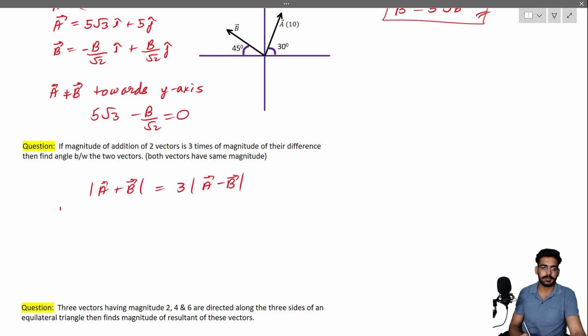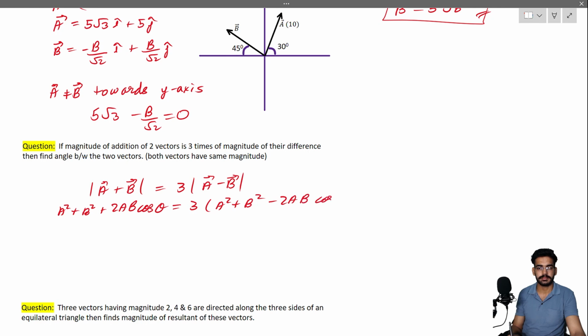So let's expand this. A square plus B square, and both have the same magnitude, that is also written. A square plus B square plus 2AB cos theta we know, and we have to find out theta only. And here 3 times A square plus B square minus 2AB cos theta. Okay, and A and B are equal.